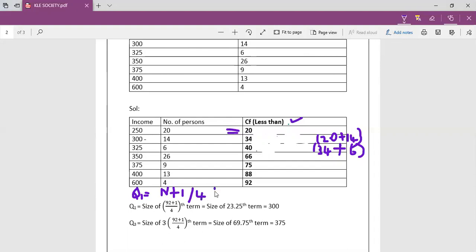Okay, so the value of this term is going to be our first quartile. So n here is nothing but the summation of our frequency values. When we add all our frequency values, we're going to get n. So n for this particular problem is 92.